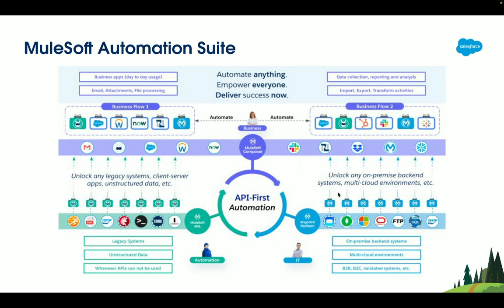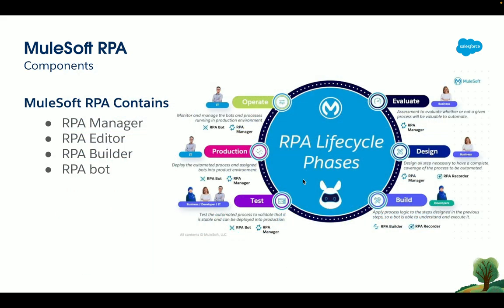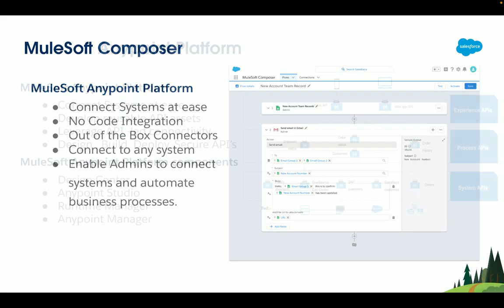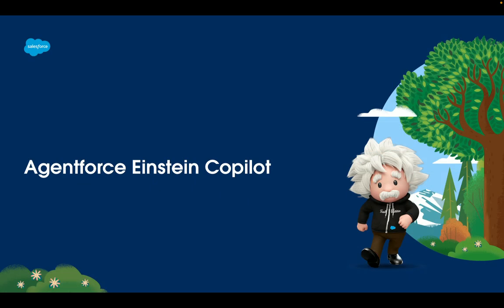Or, if you want to do a major data transformation, or connect to multiple systems at scale and handle bulk data transactions, you can use the MuleSoft Anypoint Platform. So Composer, Anypoint Platform, and MuleSoft RPA would help an organization build end-to-end digital transformations.